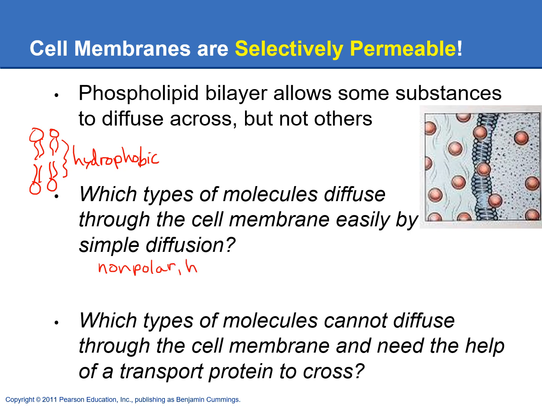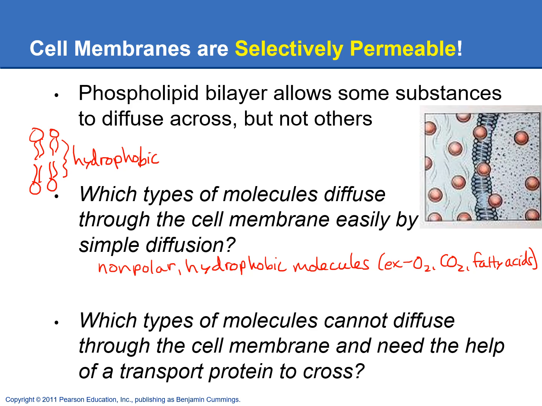So nonpolar hydrophobic molecules. And that would be, for example, oxygen, carbon dioxide, maybe fatty acids, other lipids. Okay, they can just diffuse right through the membrane. So they don't need a transport protein at all to get across the cell membrane.